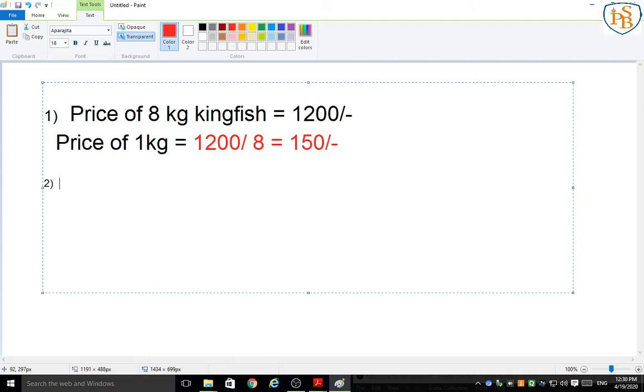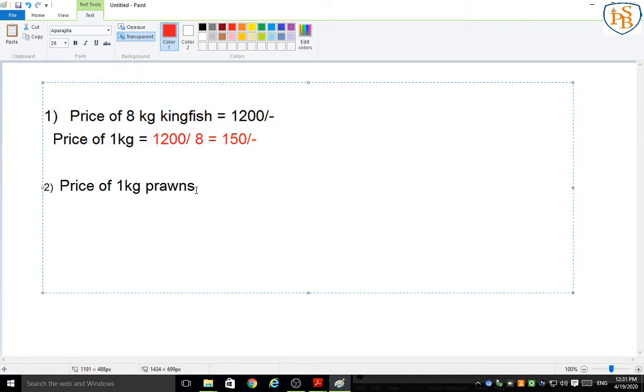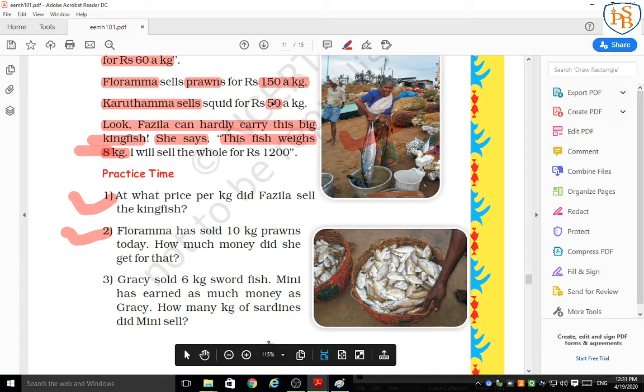Second question. Students, solve with me. You just solve. Don't look here. Price of 1 kg prawns is equal to how much? 150 rupees. Prawns of 150 per kg.